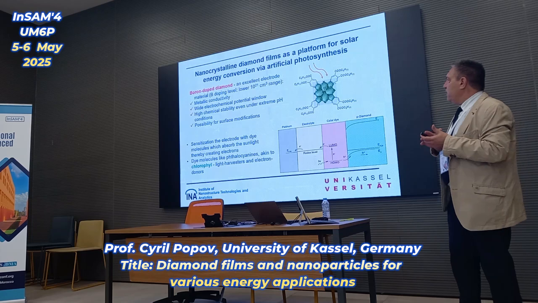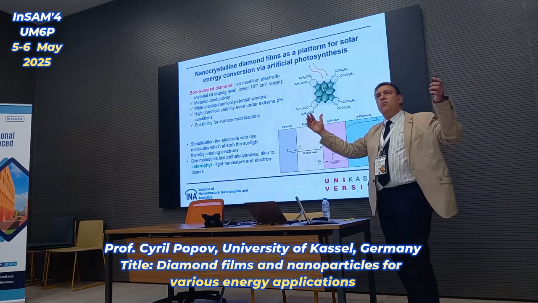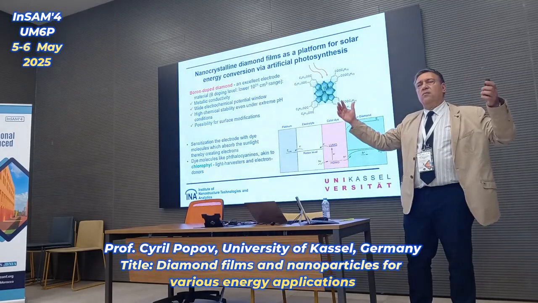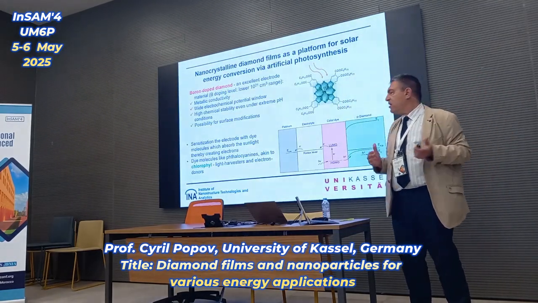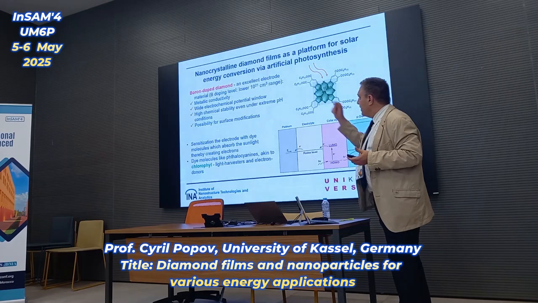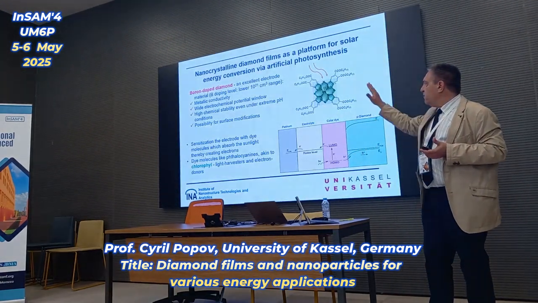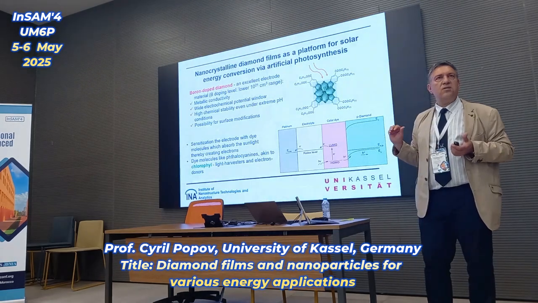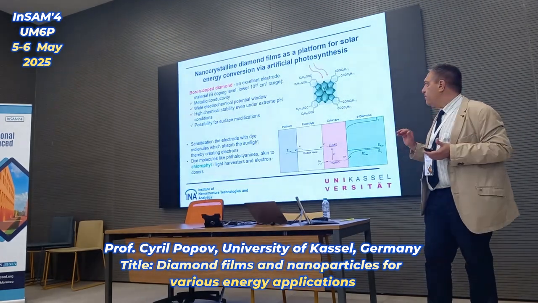I mentioned already it has very wide electrochemical potential window, so between the reduction and oxidation points, it is a really large area. The high stability, which is high irrespective of the pH conditions, acids, bases, it's not affected at all.